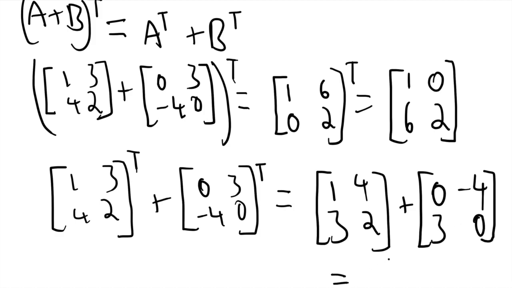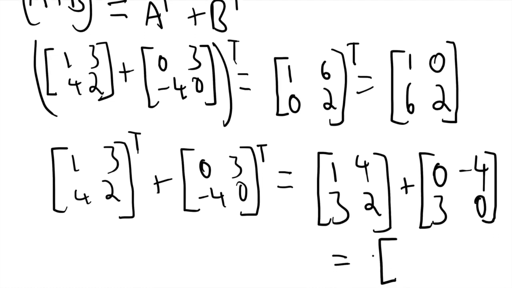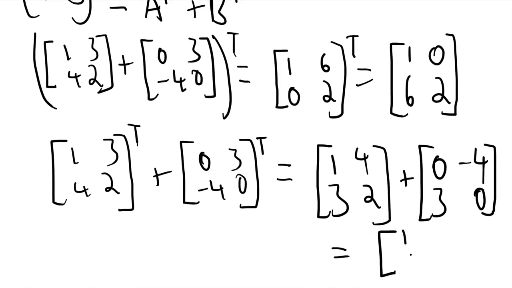And this will be equal to [1, 0; 6, 2], which is the same as the transpose of A plus B. And so we can see that this result is true.